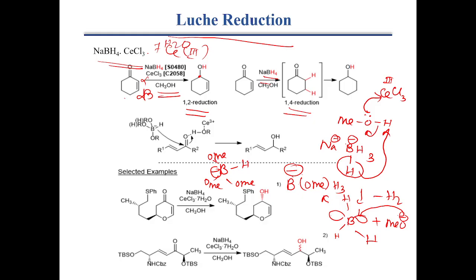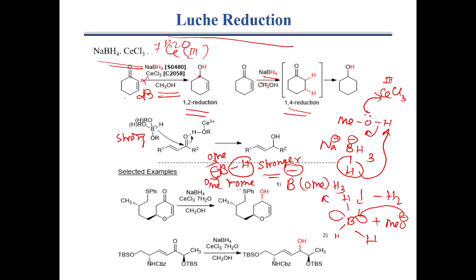So it will give electrons to the boron compound due to the oxygen lone pair, which makes this hydride stronger. So this is strong, not soft. So this hydride is very strong due to this cerium chloride and methanol reaction. So it will form a strong reagent.